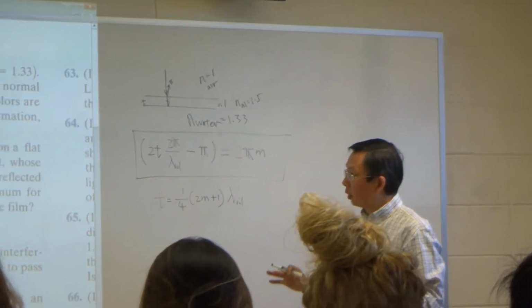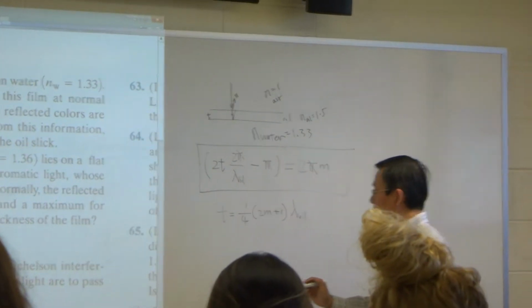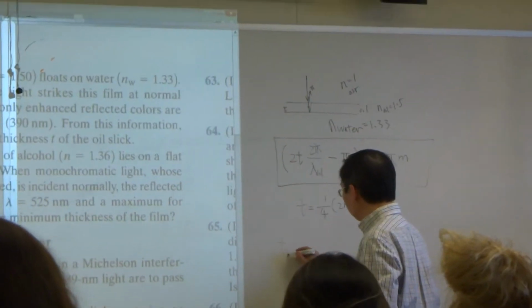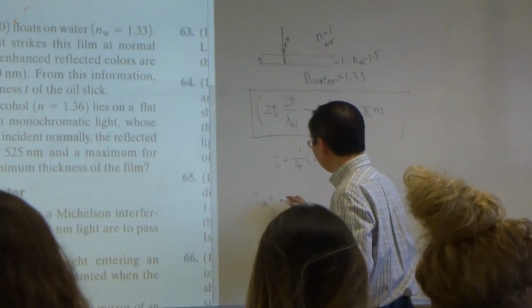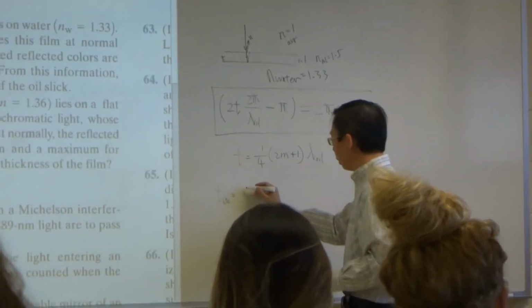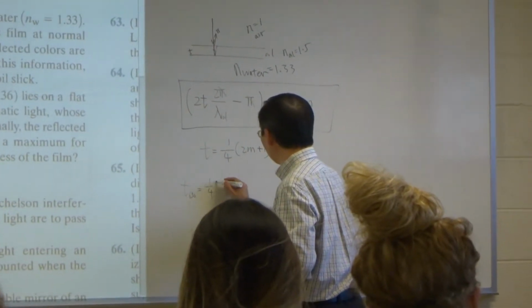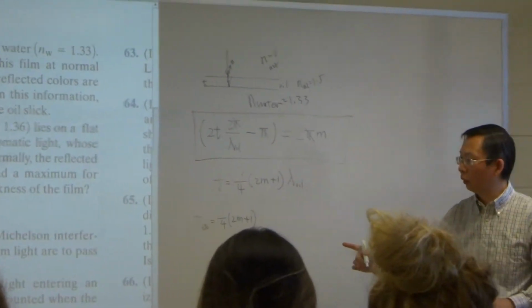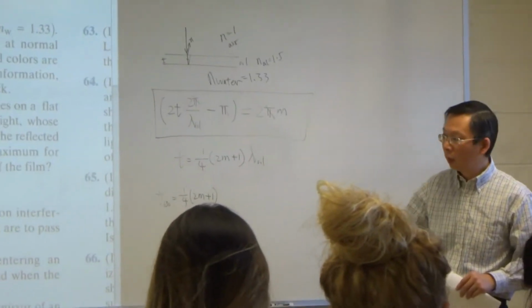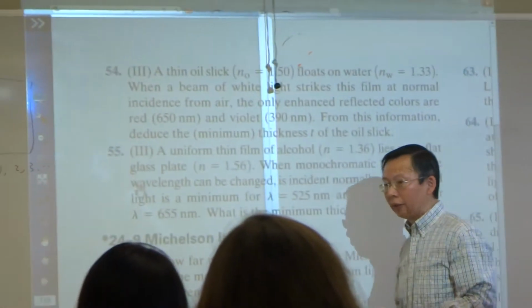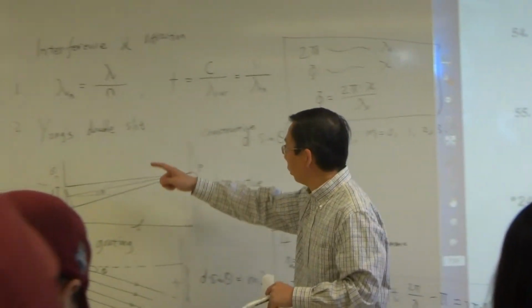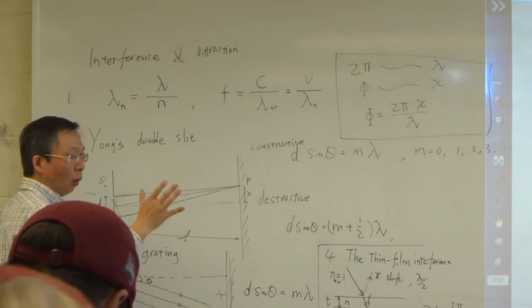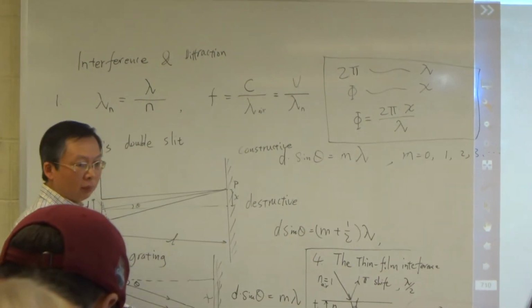So right now we write it down for the 2 lights, 2 different wavelengths. For the red light, 650 nanometers, the condition is 1 over 4, (2m plus 1) times the wavelength of the red light in the oil. We're talking about the wavelength of the light in the material. It's just the wavelength of that light in the air or vacuum divided by the index of that material.